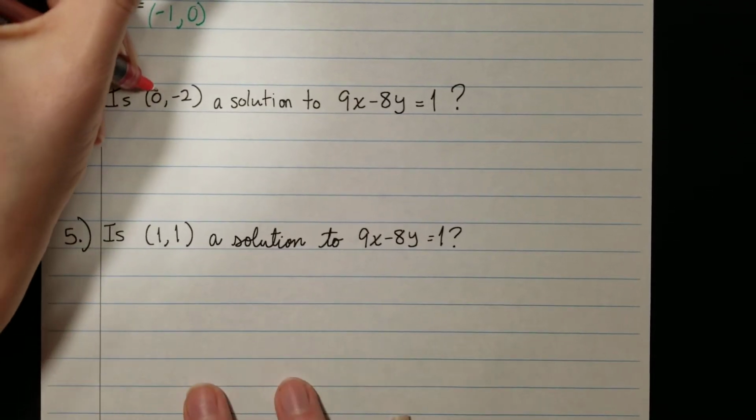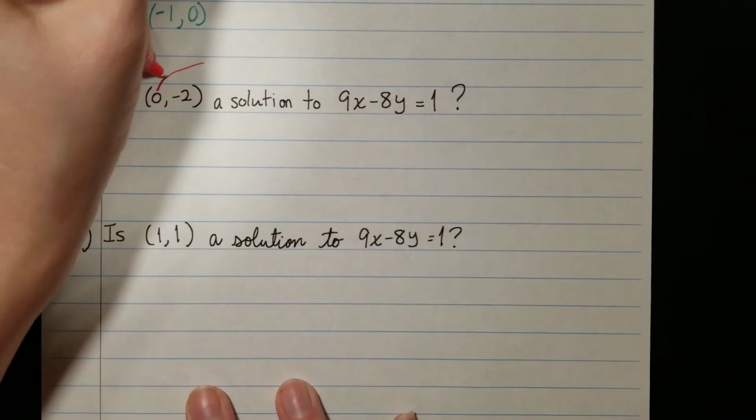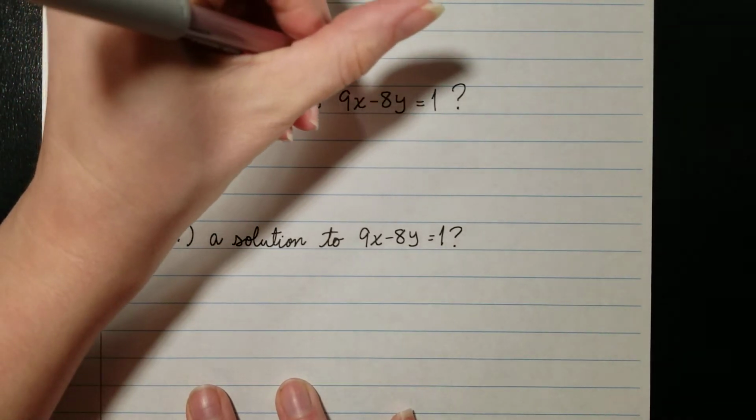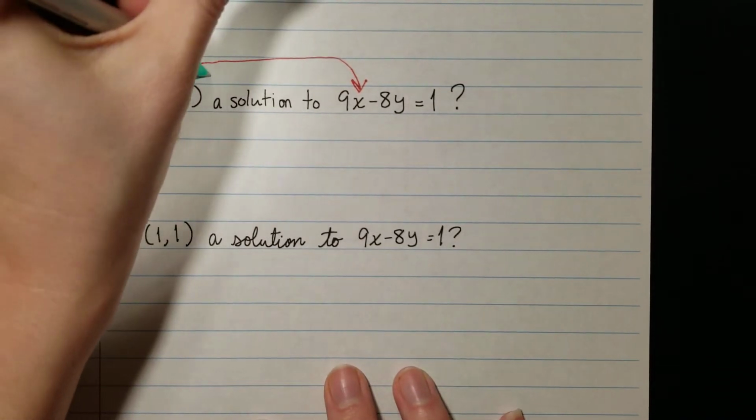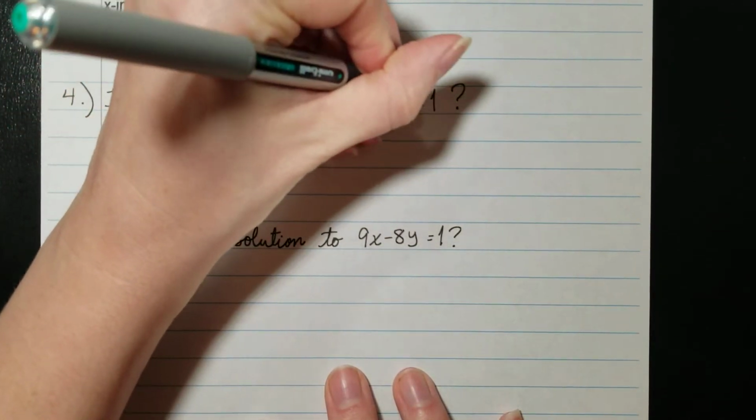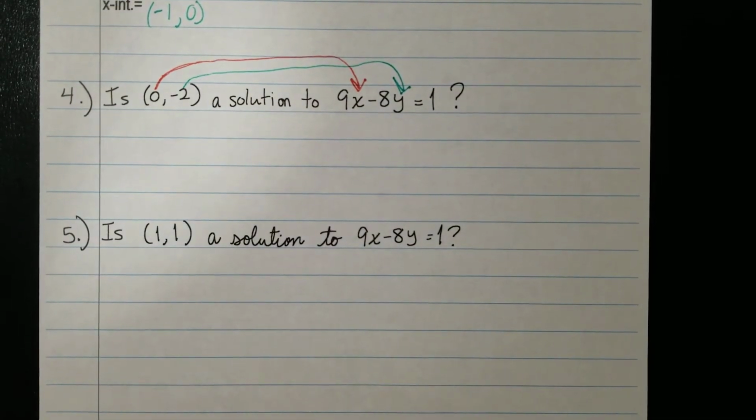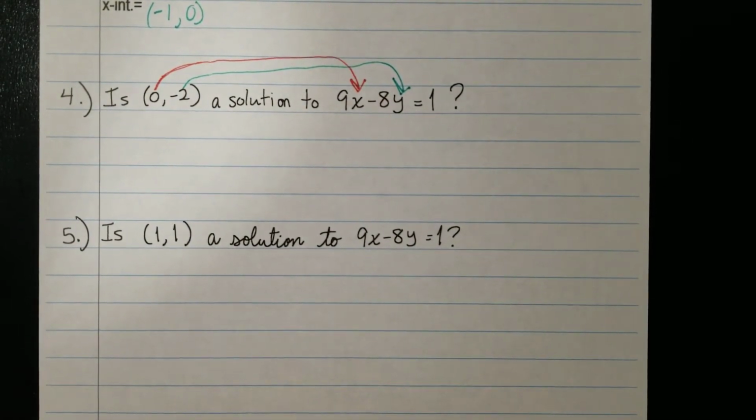So we want to plug this in. We're going to take 0 and plug it in for x in the equation, and take -2 and plug that in for the y in the equation, and then see if it comes out to be true.